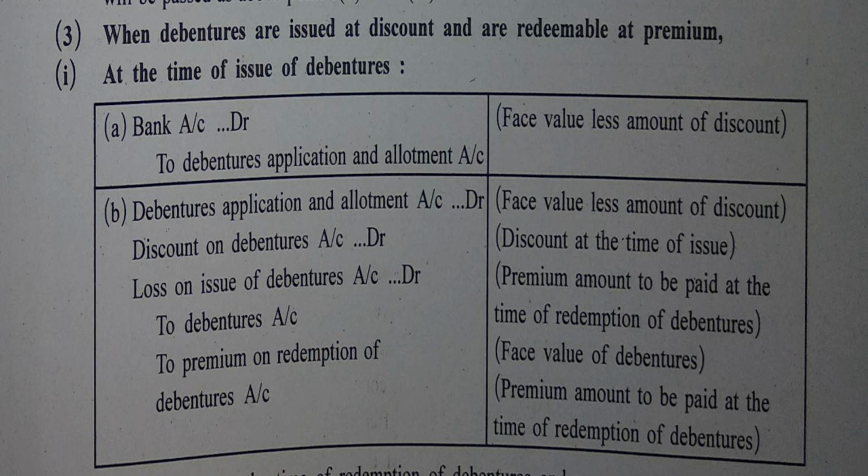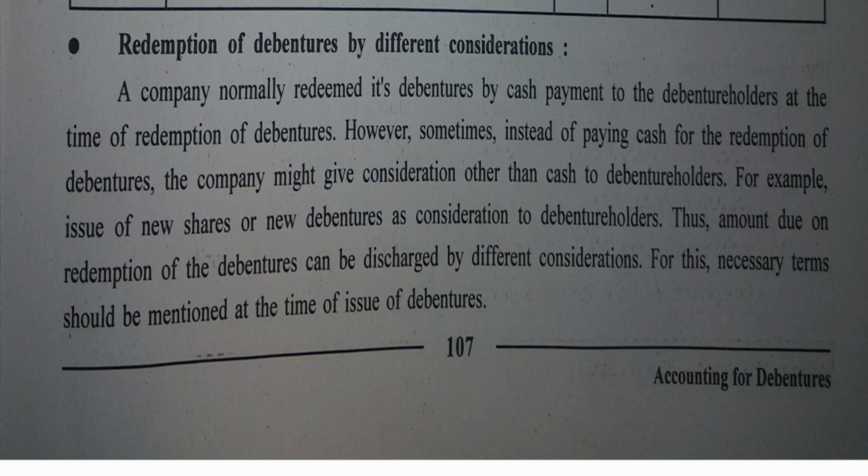The calculation and the journal entries are given on page number 107. The simplest sum with a minor variation in the journal entries. Lastly, the topic on page number 107 is redemption of debentures by different considerations. This is the last topic that we have done in this chapter, and with this we are going to end our chapter.